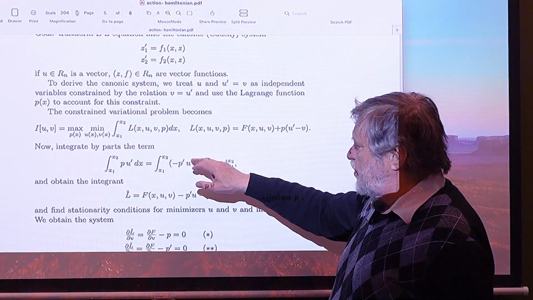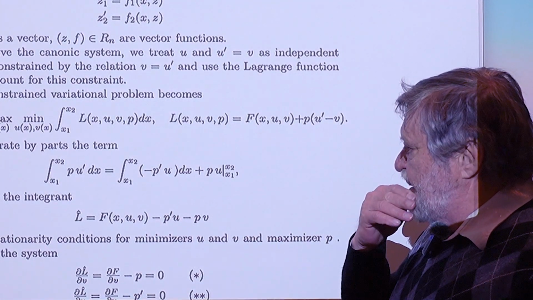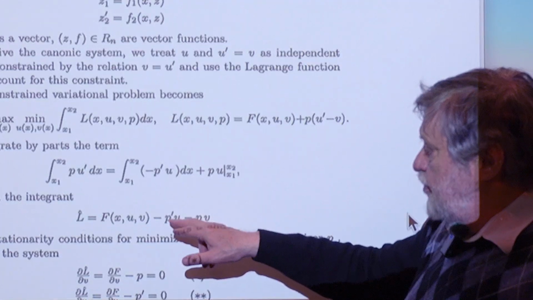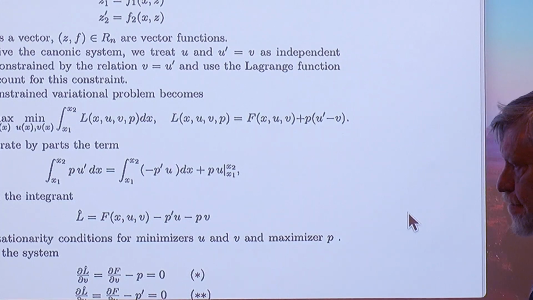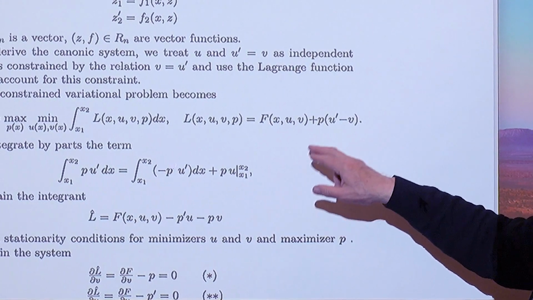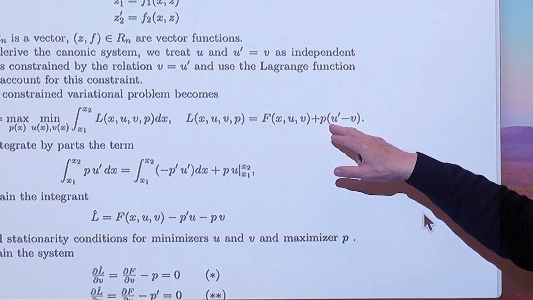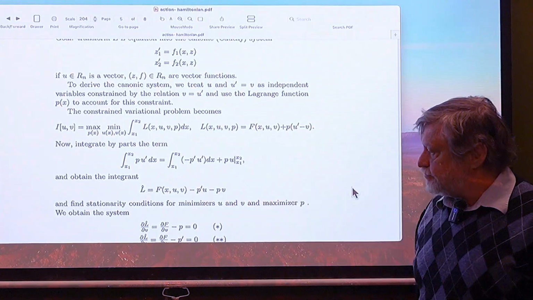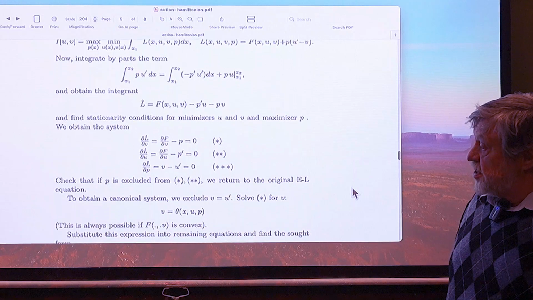Then the integrand of this Lagrangian will be f minus p prime u minus p v, since v is u prime. Instead of p u prime, we have minus p prime u and then minus p v. And then we find the stationarity condition.